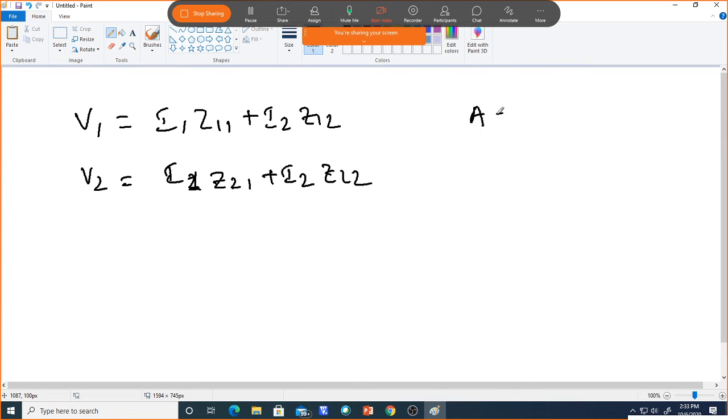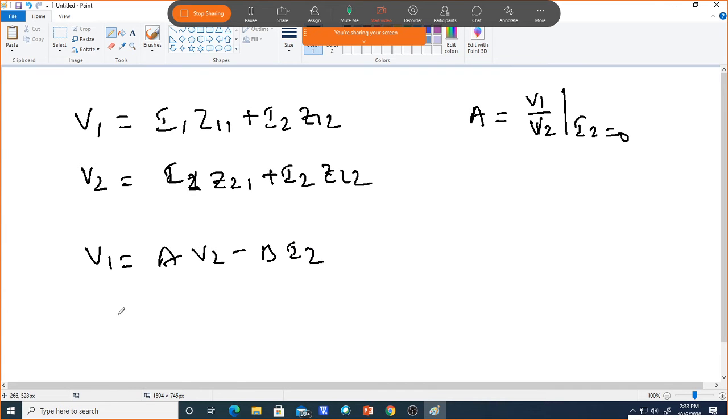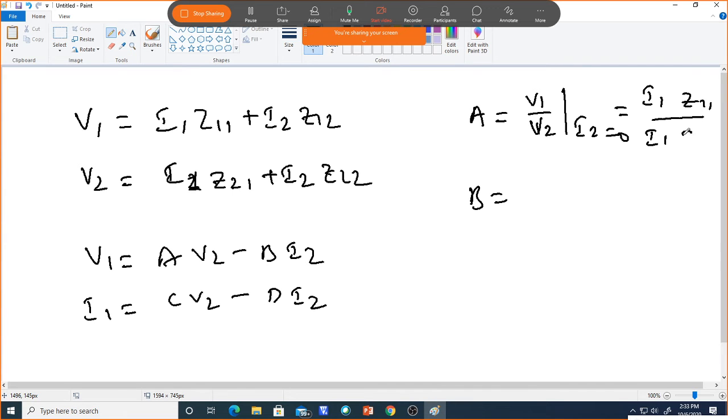We know A equal to V1 by V2 when I2 equal to 0. The ABCD equations are V1 equal to A V2 minus B I2, and I1 equal to C V2 minus D I2. So V1 by I1 when I2 equal to 0, as we have already seen, the I1 will cancel, which gives Z11 by Z21.